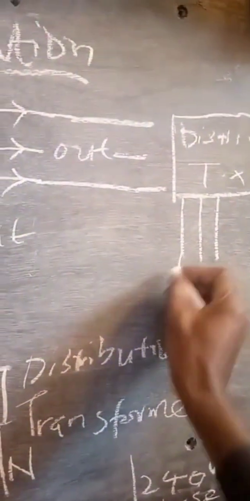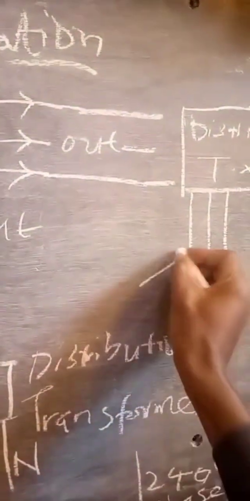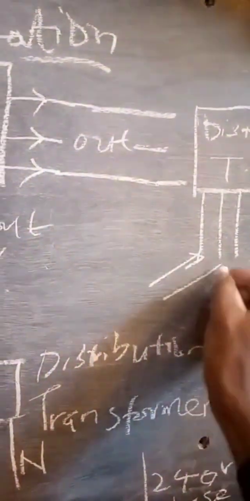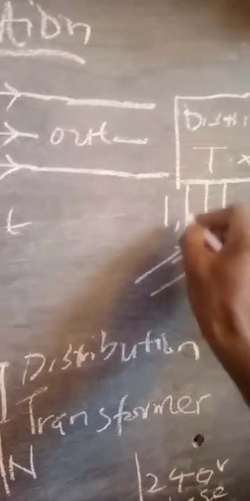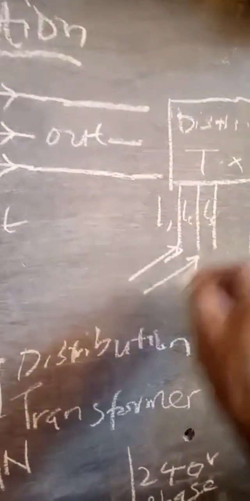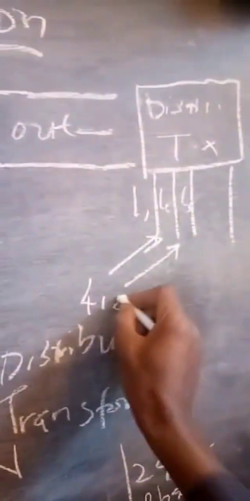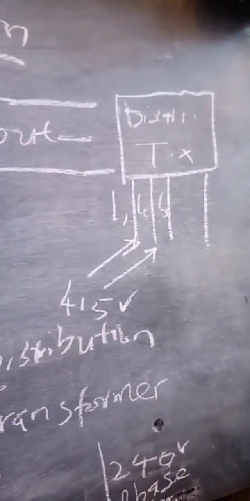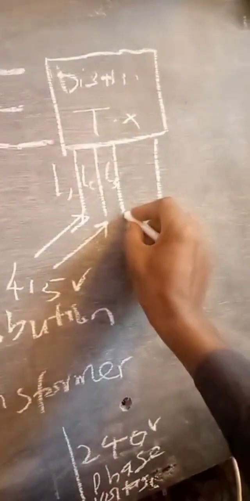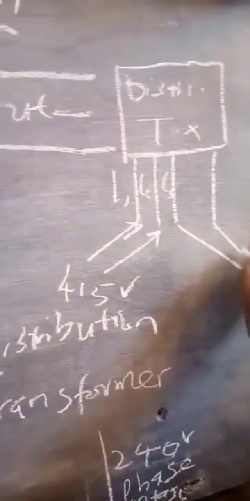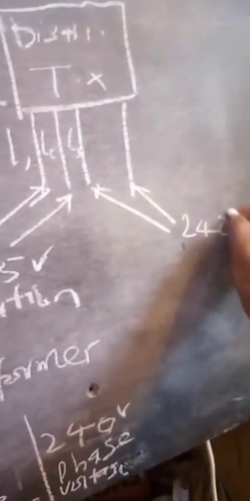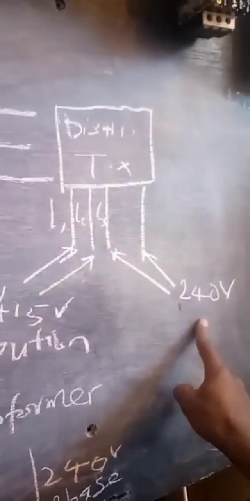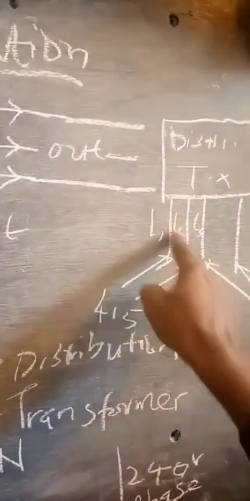Remember we have said, if you put 2 pointers between these 2 lines, that is L1 and L2, you will see 415 volts. That is 3-phase. But if you put your pointer here and then neutral, you will get 240 volts. This is called phase voltage, this is called line voltage.